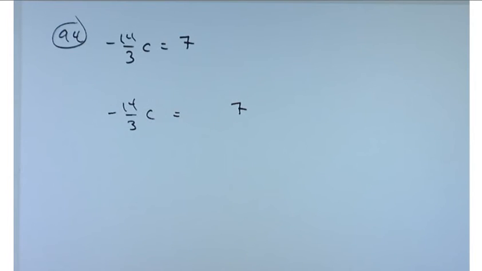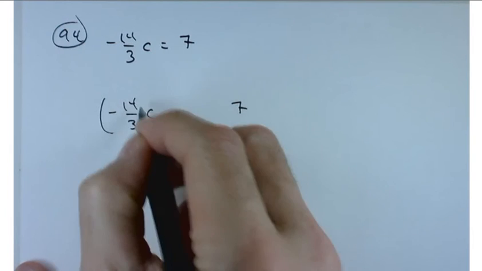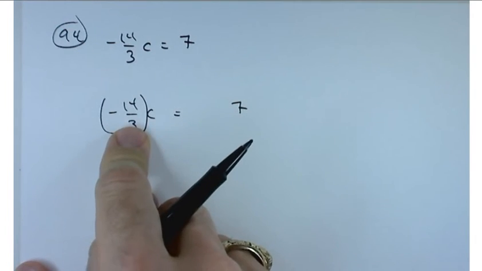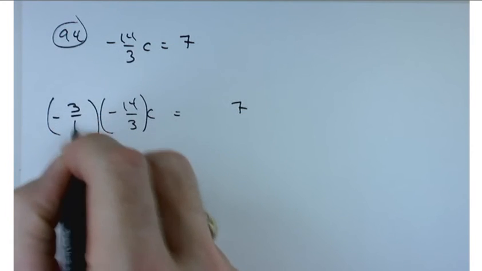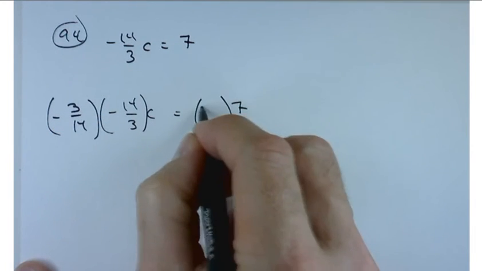What's the reciprocal of 14 thirds? 3 over 14. Now, in addition to taking the reciprocal, I also have to have the negative there. So it's negative 3 over 14. That doesn't disappear.